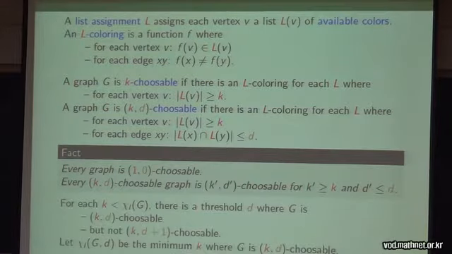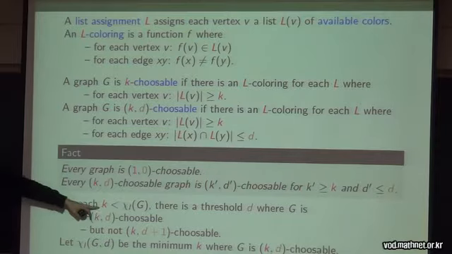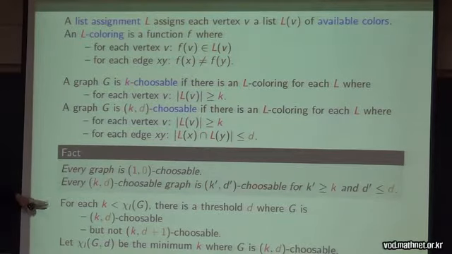So one thing you can do is say, for each vertex, you're going to give some number of colors that's strictly less than the list chromatic number. Because if you give each vertex the list chromatic number of colors, then it doesn't matter what the second parameter is. You can always pick a color for each vertex so that you have a good L-coloring.